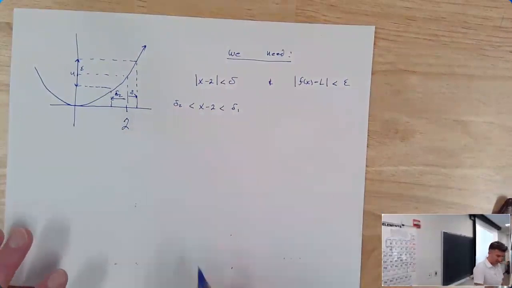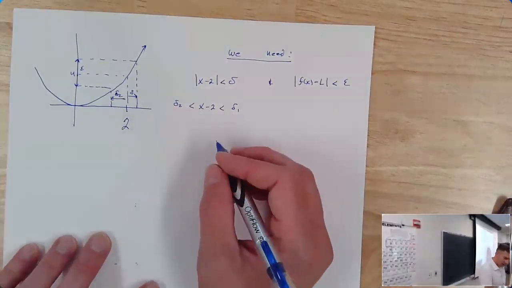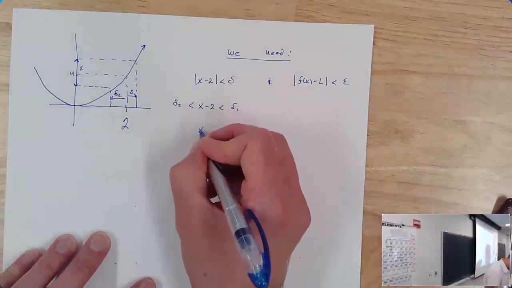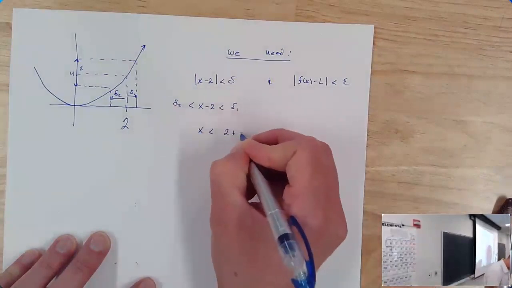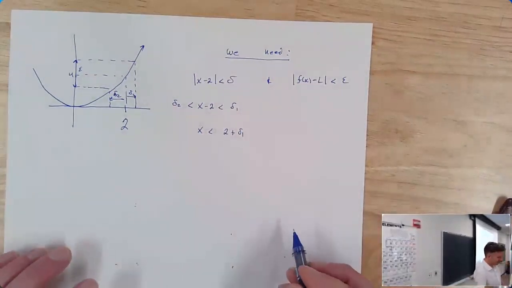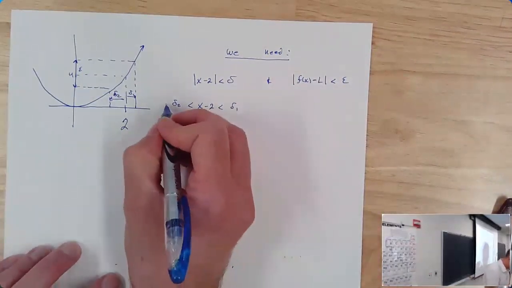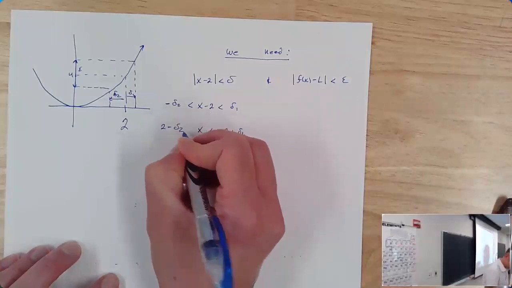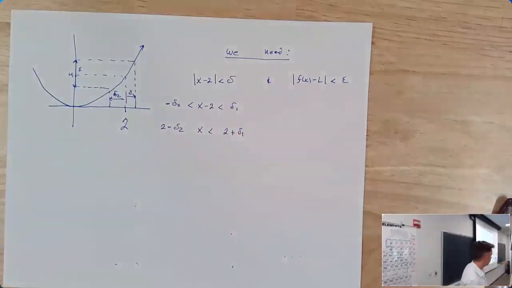Or if you prefer, and this might be a little bit easier to see, I have x less than 2 plus delta 1. Now, here's where I have to be a little bit careful. I really should call this a negative delta 2 and say I have 2 minus delta 2 on the left.